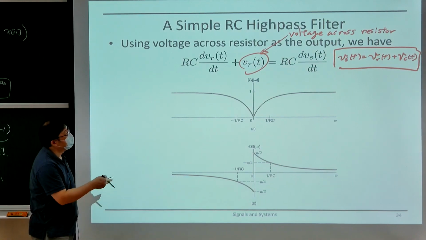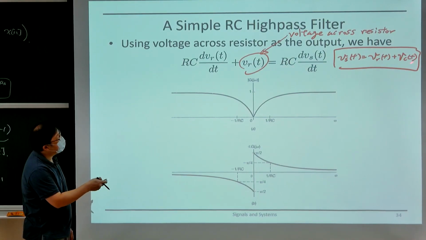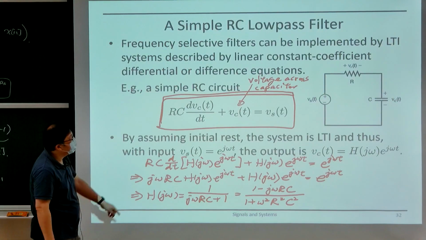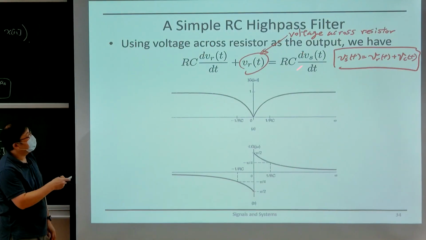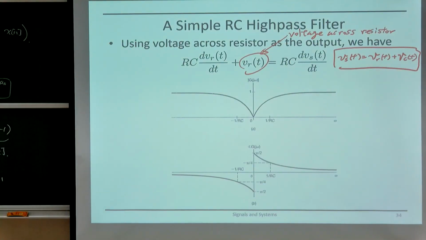So by plugging in VC as Vs minus VR into this equation here, you can directly obtain this differential equation. Okay, and then by the same approach, you will be able to find its frequency response. Okay, so this gives you a high-pass filter instead of a low-pass filter.